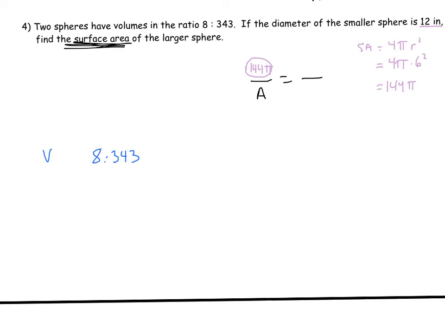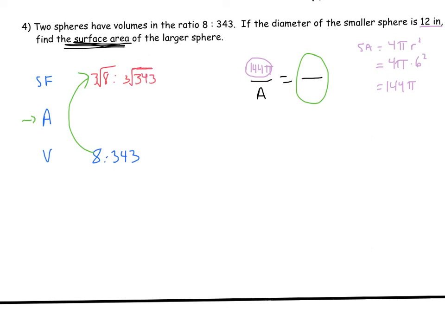Now I'm going to try to get my second ratio. It's going to have to be ratios of areas. So I'm looking for my middle row here, but I can't go directly from volume to areas. I got to go back to scale factor. So I'm going to go back to scale factor by means of taking the cube root of 8, comparing that to the cube root of 343.